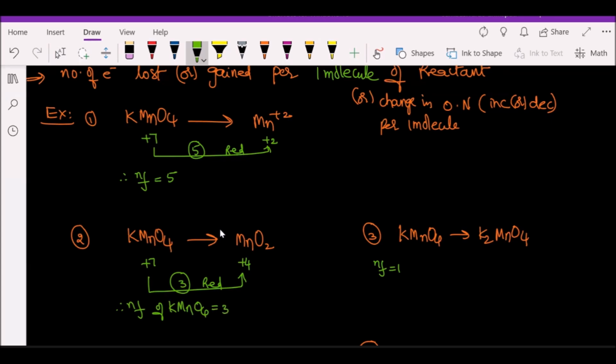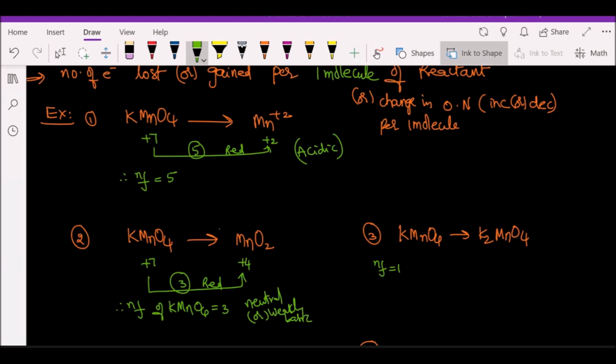Keep in mind the example 1 is acidic medium. If they don't give the medium, you have to consider acidic medium because of the change. And this is neutral medium or weakly basic. And the third one n factor is 1 as some people said.